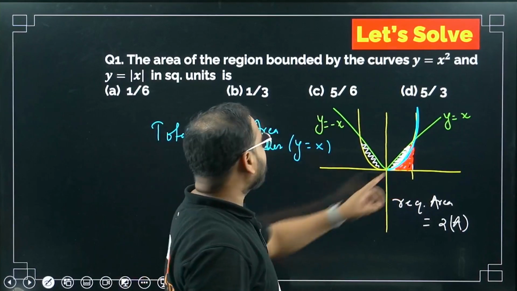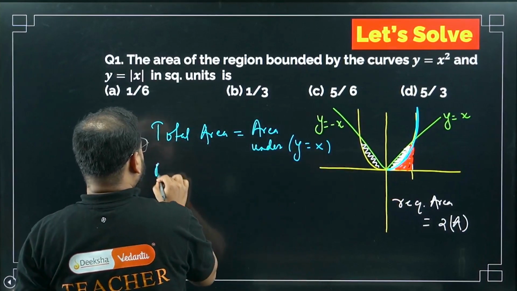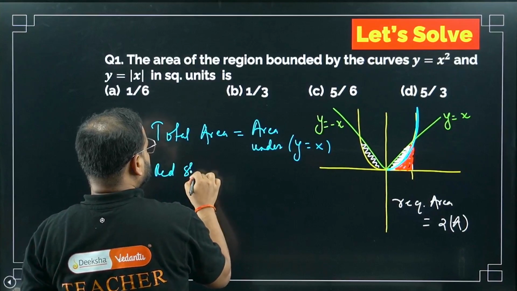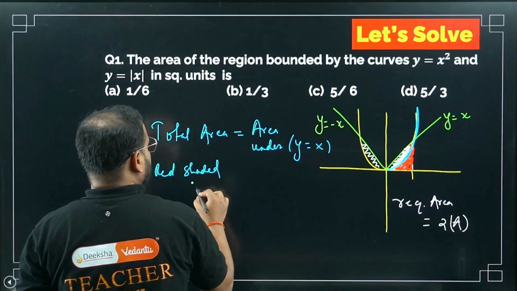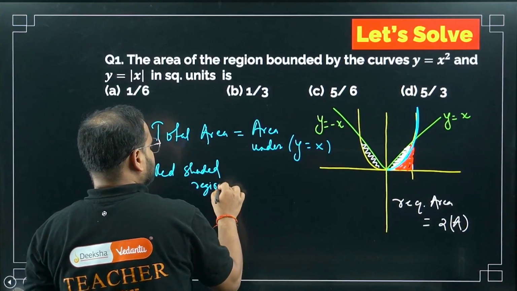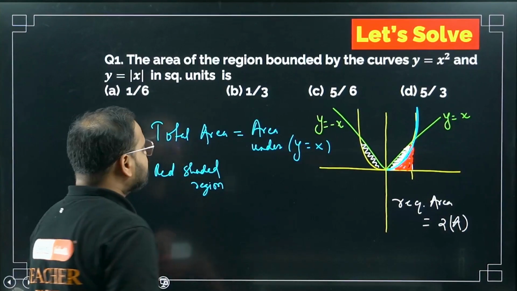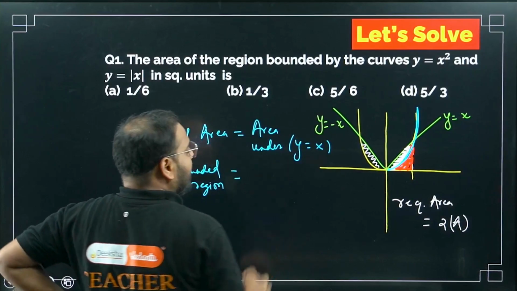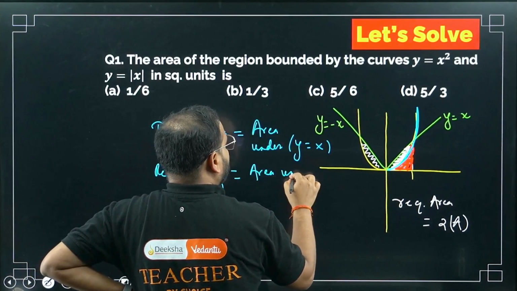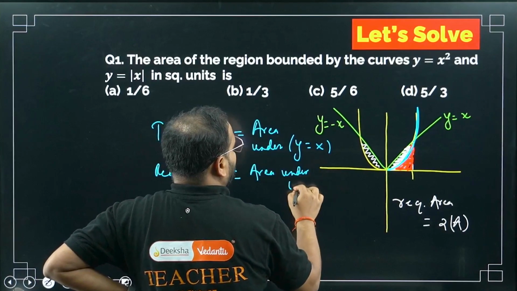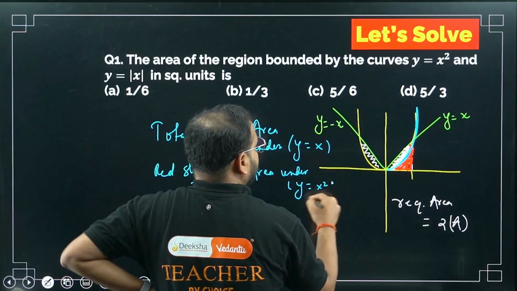And what is this red area? This red shaded region, please understand, is nothing but the area under which curve? y equals x square curve.